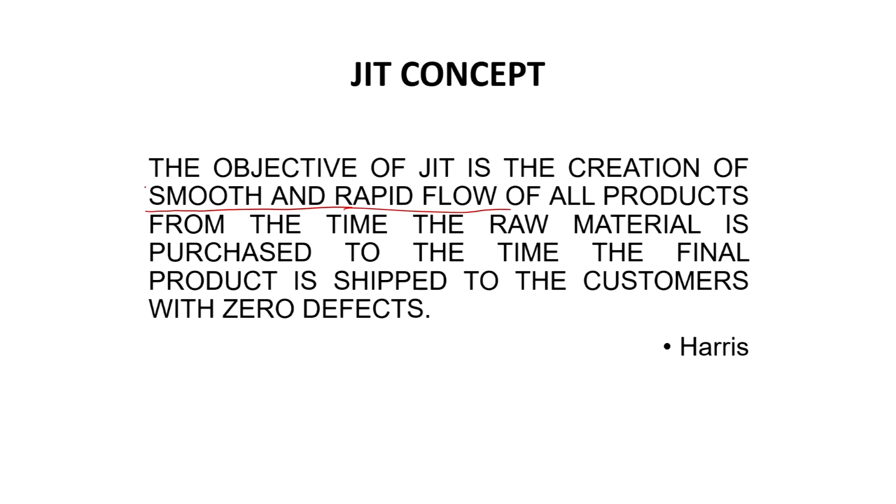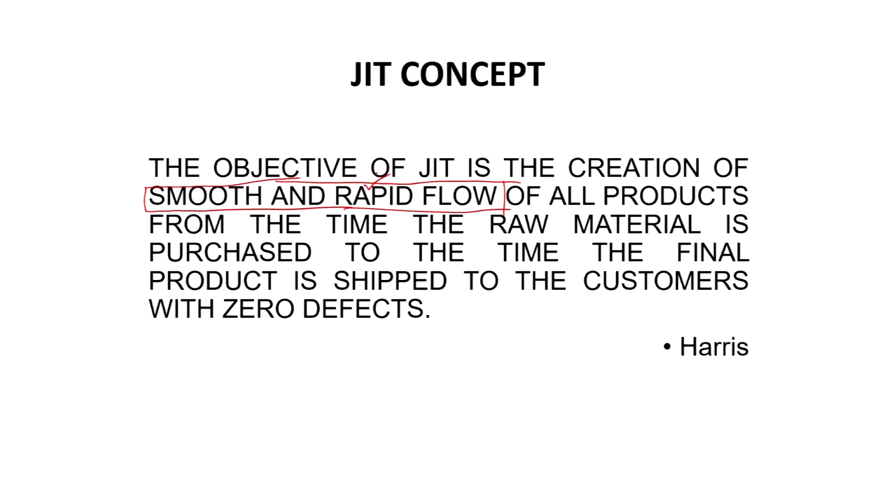So the keyword here in this definition is we have to organize the work in such a manner that there is a smooth and rapid flow. That means it is an integrated flow, there is no interruption, no disruptions in between, and it is rapid also. It is not that you are working at a very slow pace, you have to look at the productivity also. So it is a seamless, integrated flow without any disruption or interruptions in the system.